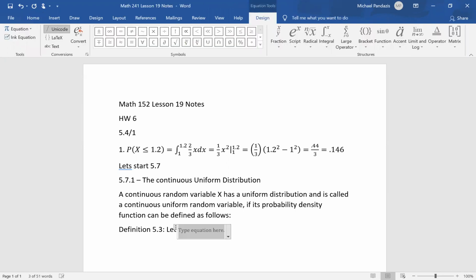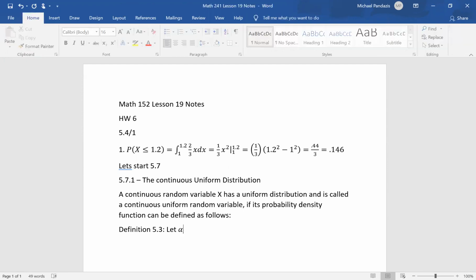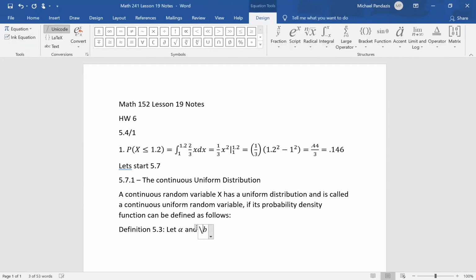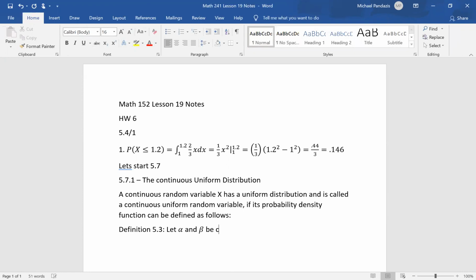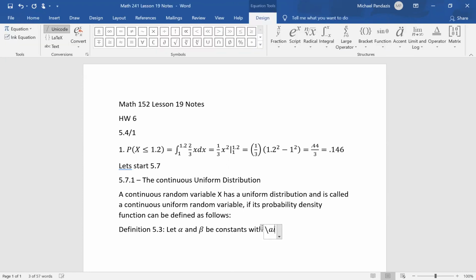Let alpha and beta be constants with alpha strictly less than beta.